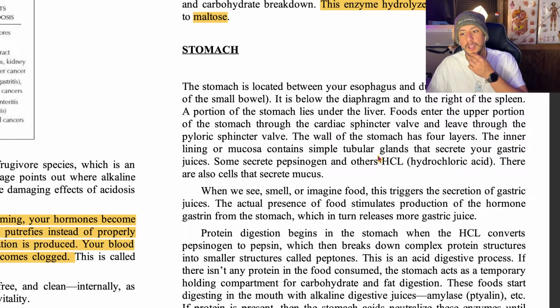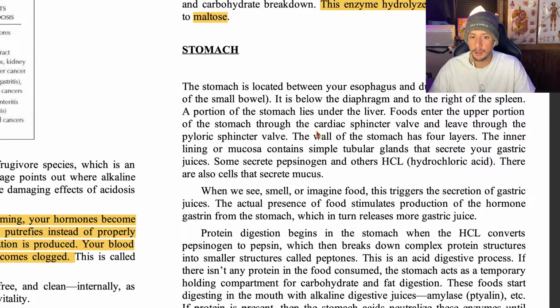The wall of the stomach has 4 layers. The inner lining or mucosa contains simple tubular glands that secrete your gastric juices. Some secrete pepsinogen, and others HCl, hydrochloric acid. There are cells that secrete mucus. So this basically is how your body controls the acidity and the pH of your stomach.